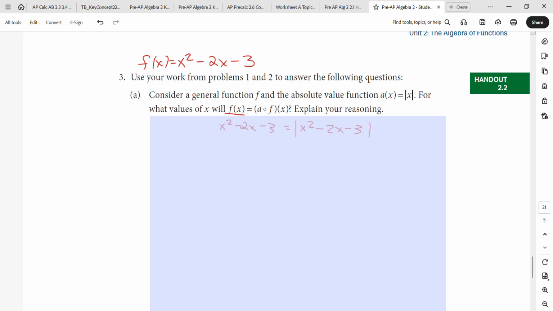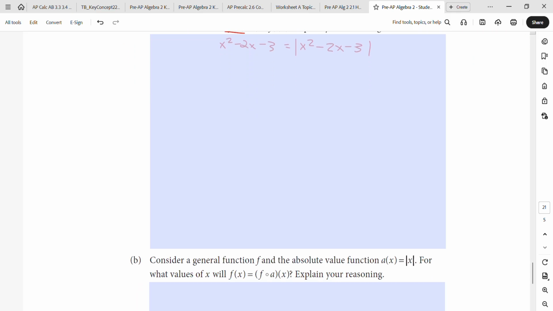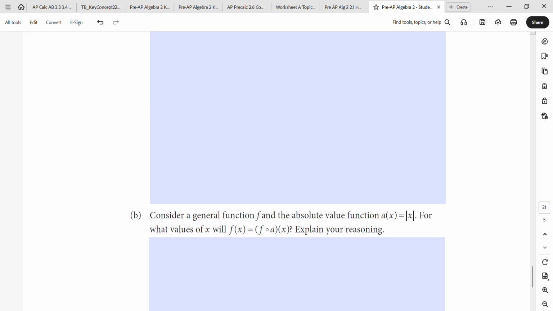Because what we're doing with this one is that we've taken the output values and we've made them all positive. Whereas with part B, this is talking about taking the input values and making them positive and plugging them in to the function. So then our justification would have to be talking about the input values.